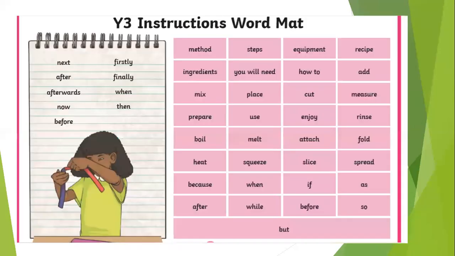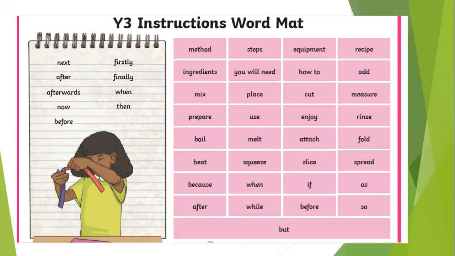Now I've given you a word mat so you can help. On this word mat, you can see some of those time adverbs that you can start your instructions with: next, after, afterwards, now and before. And then there's also some nice bossy verbs on the other side, which are going to help you.